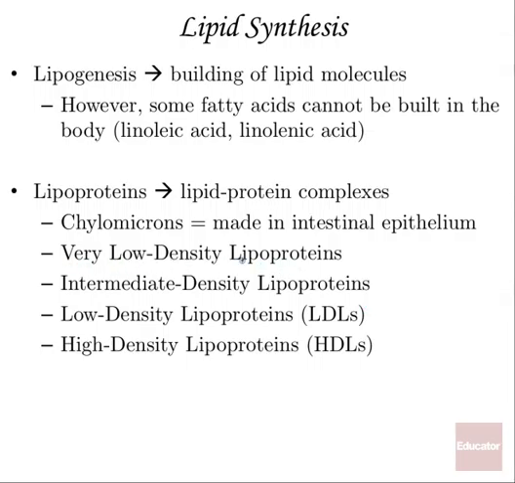Very low density lipoproteins and intermediate density lipoproteins are important in terms of producing molecules and shuttling molecules. But when we look at LDLs and HDLs, you may have heard about these in terms of good and bad cholesterol. LDLs are known as bad cholesterol, and HDLs are the good cholesterol.